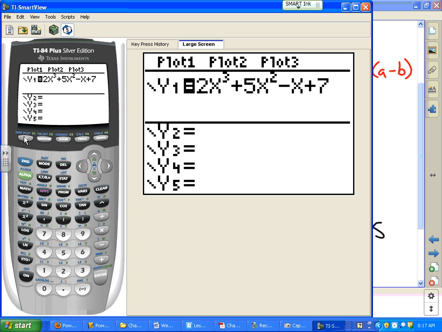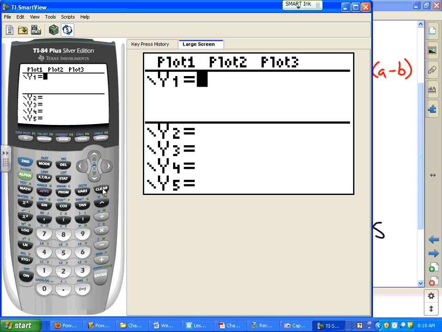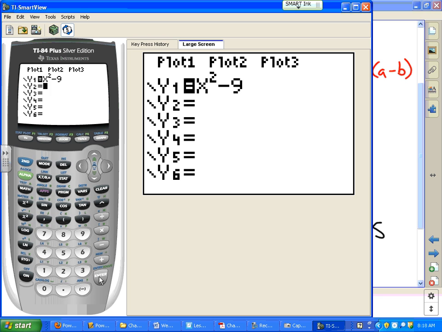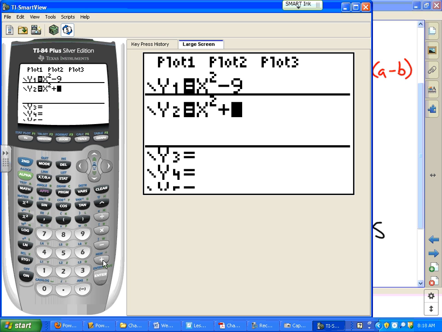Okay, so if we go in our y equals, and let's use a smaller number. Let's use 9. x squared minus 9. And then x squared plus 9.